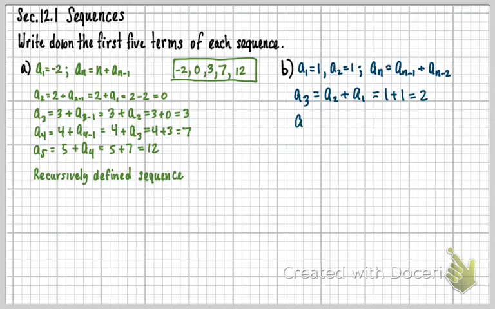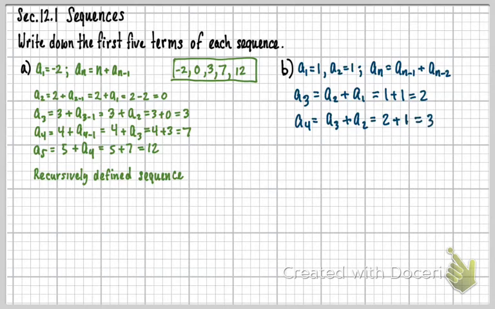So then A4 is going to be A3 plus, in two terms before, it's going to be A2. And A3 was 2, which we got here. So this is going to be 2 plus 1, A2, which was in the beginning, which was 1.